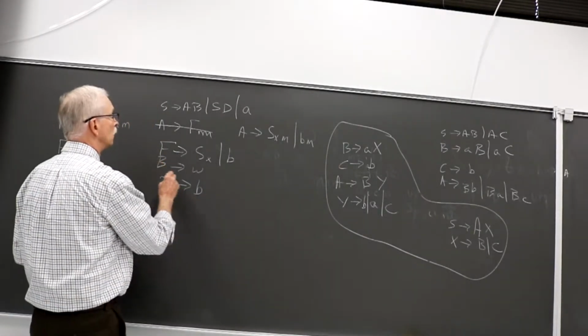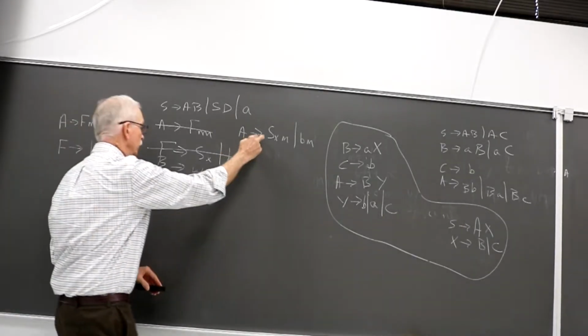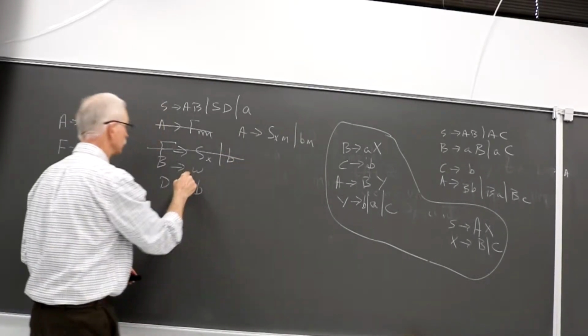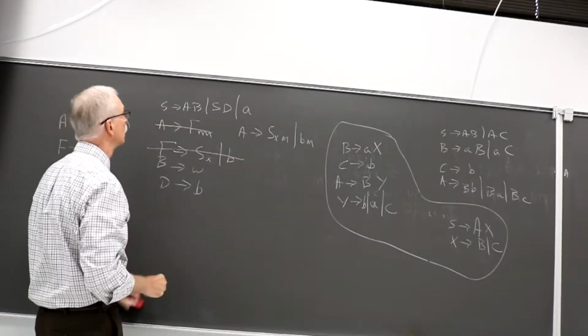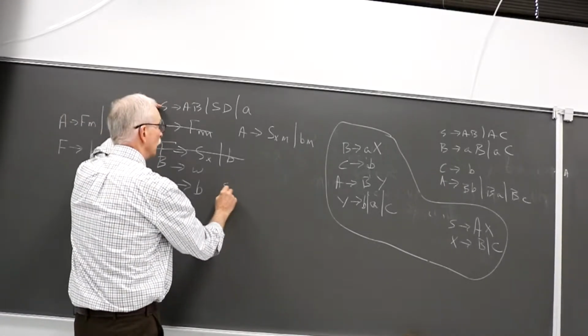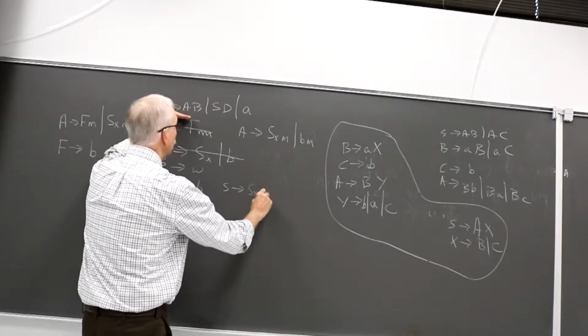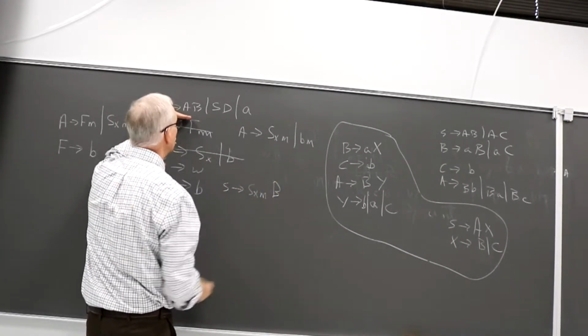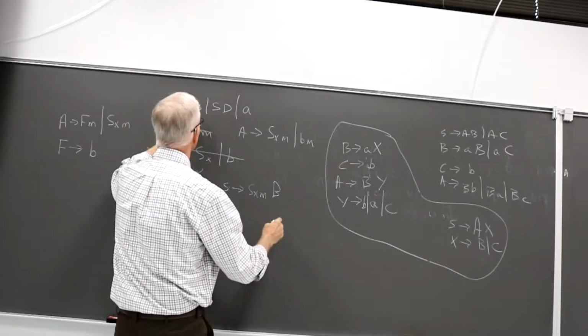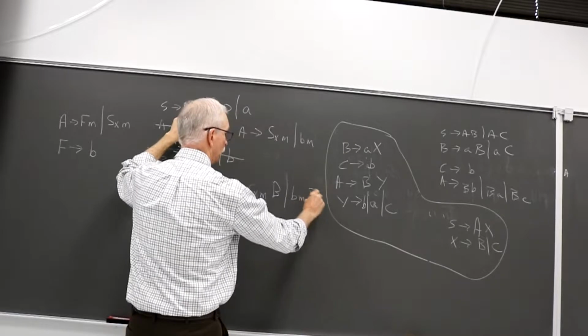And so I don't have this anymore now. I just have this. And I got this and I got this, okay? So now I'm going to put in S goes to A, who is XMB, or BMB.